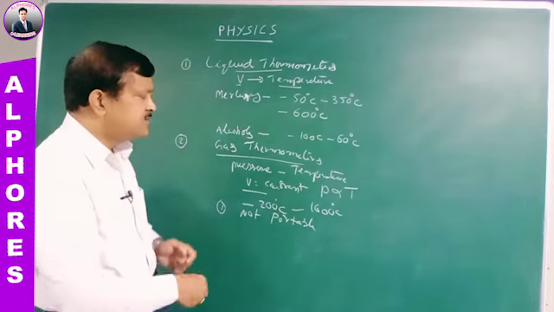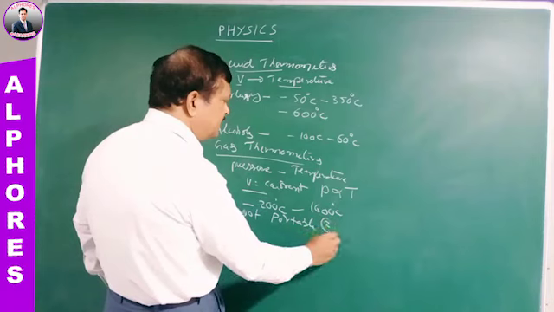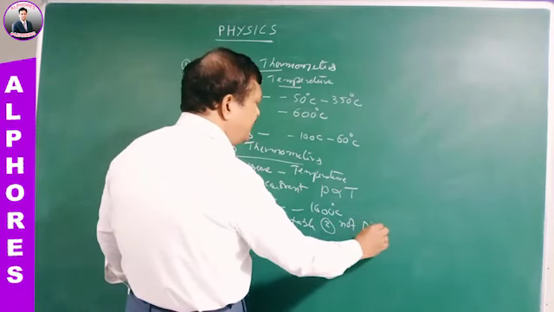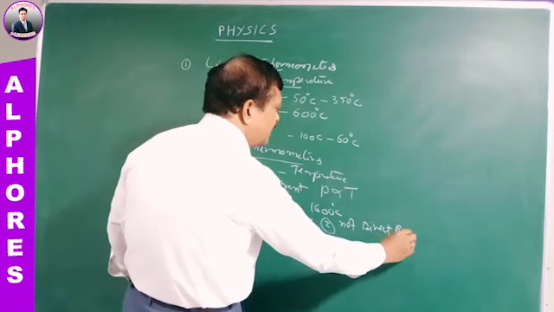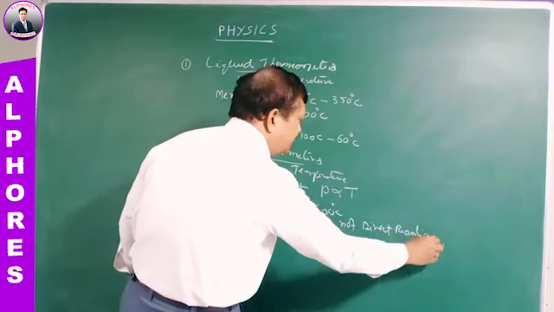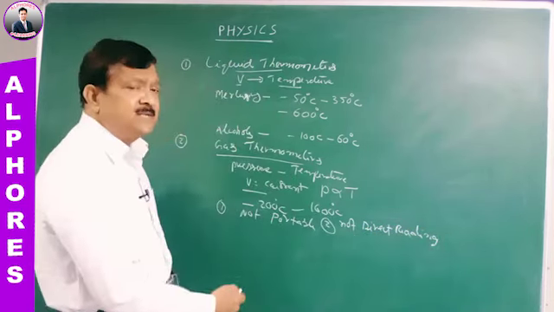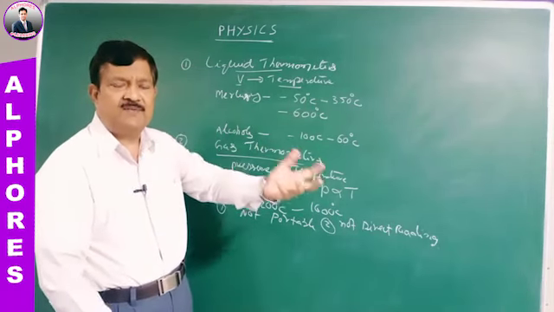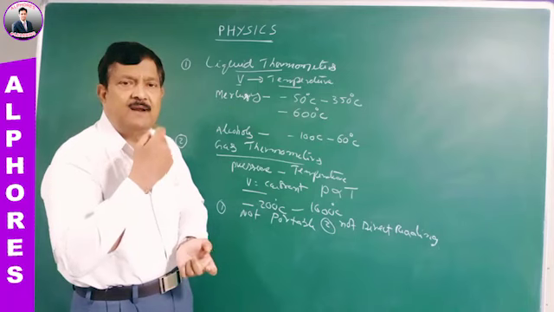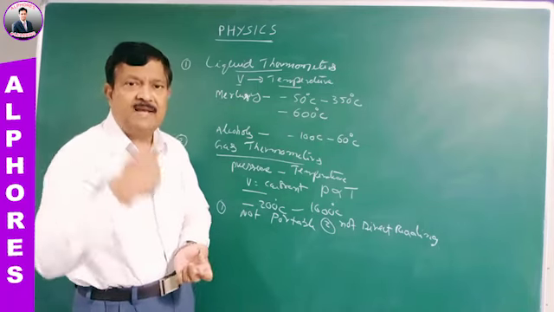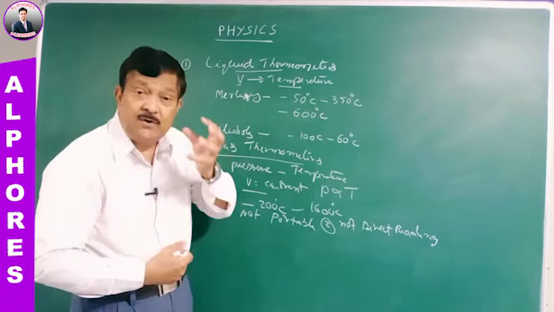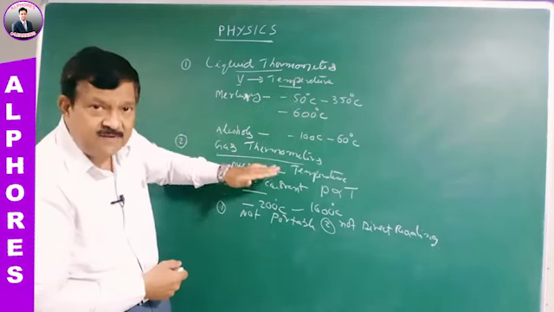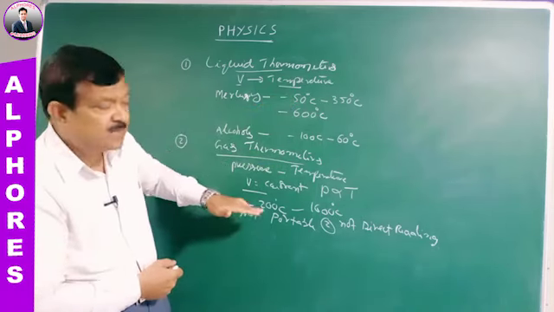Number two, there is one more disadvantage, that they are not direct reading instruments. That means if you consider the mercury thermometer, suppose we go to a doctor with fever, he will place a thermometer and after taking it out, he will give the reading directly. So directly you can measure the temperature with liquid thermometers, but it is not the case with gas thermometers.